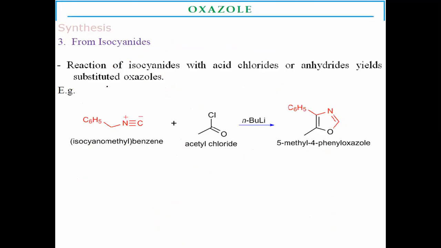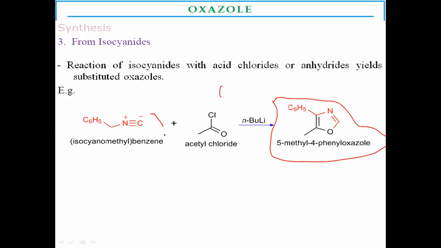Another method for the preparation of oxazole is from isocyanide. This isocyanide reacts with acyl chloride in the presence of butyl lithium to give the substituted oxazole.